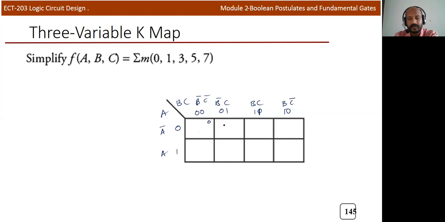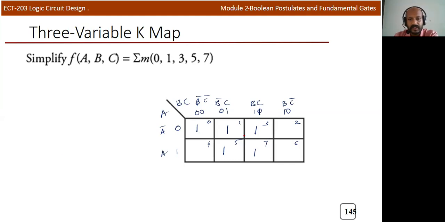So in terms of min, 0, 1, 2, and 3, 4, 5, 6, and finally 7. So we need to indicate 0 as 1, 1, 3, then 5, and 7. So total 5 values.